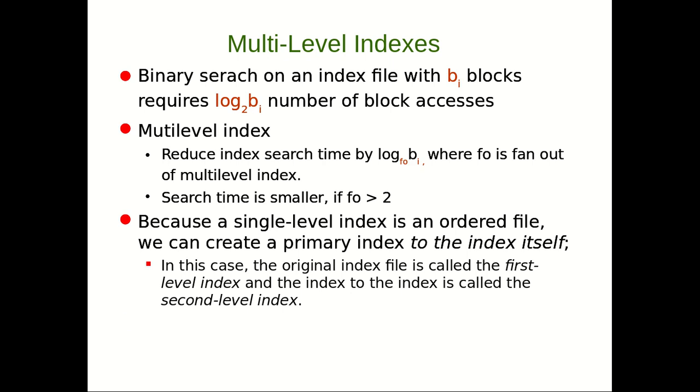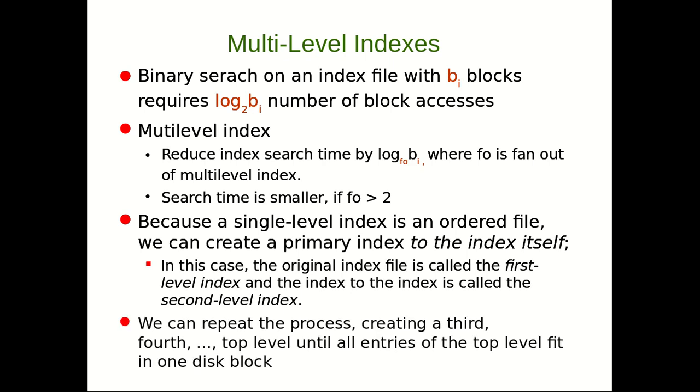You can have a third level index, and you can repeat this process creating third, fourth and top level until all entries of the top level fit in one disk block. Therefore, the idea here is you will be creating index files for the index files until you get an index file with a single block.